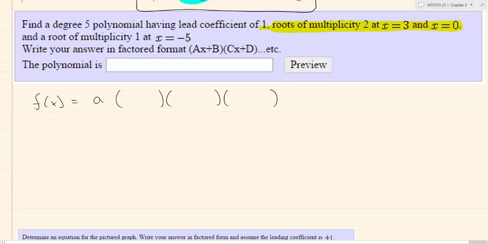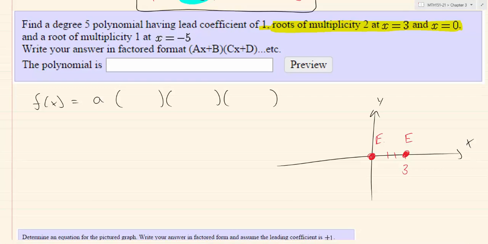So maybe what we could do simultaneously is come up with the graph. So x and y. At x equals 3, 1, 2, 3, we have an x-intercept, and it is even multiplicity. And at the point 0, we have an x-intercept that is even multiplicity, which means those are bounce backs.